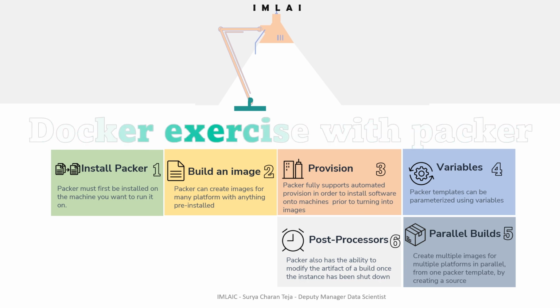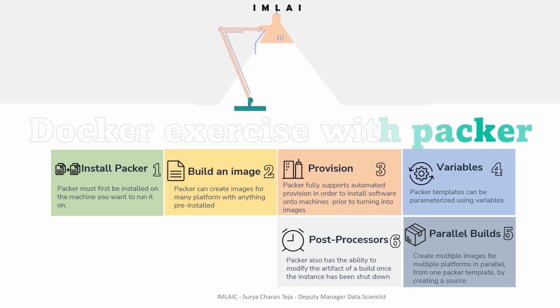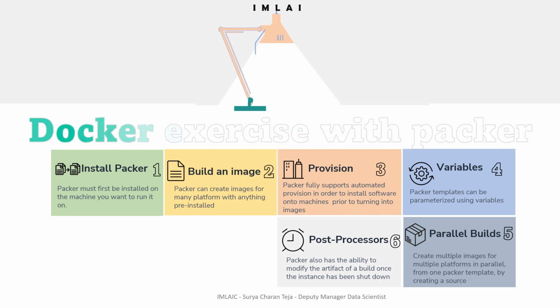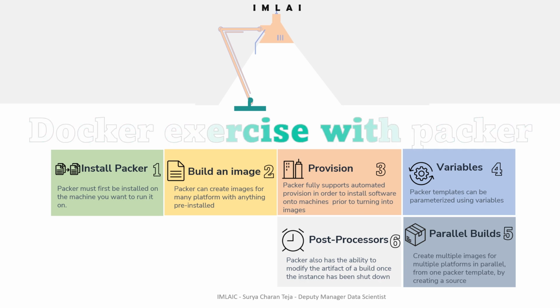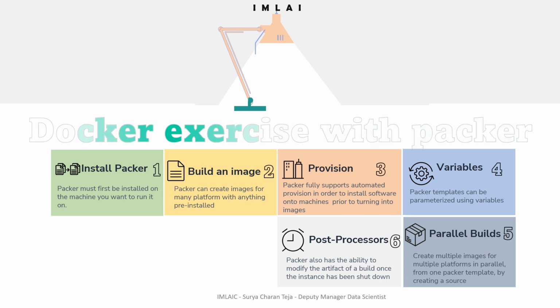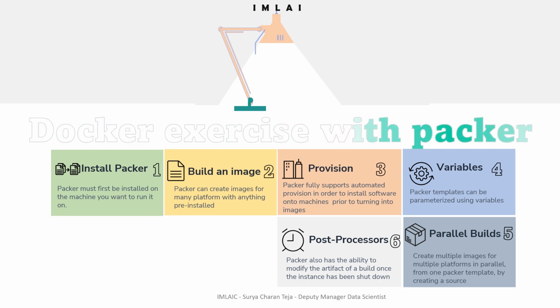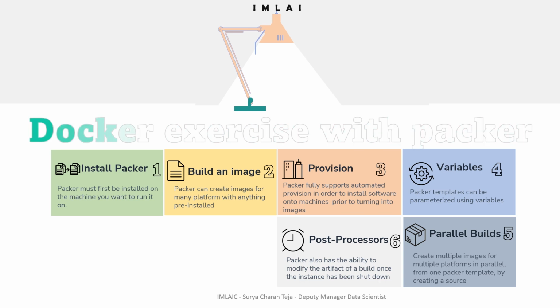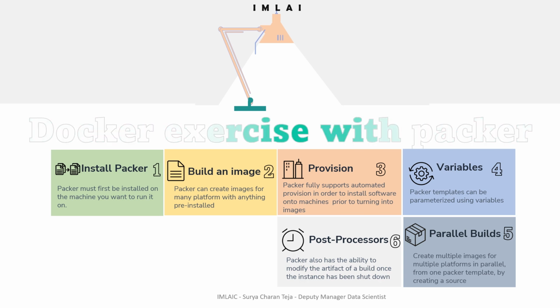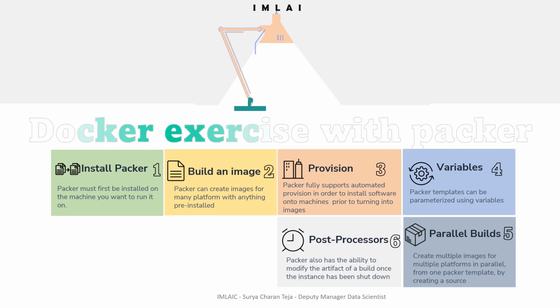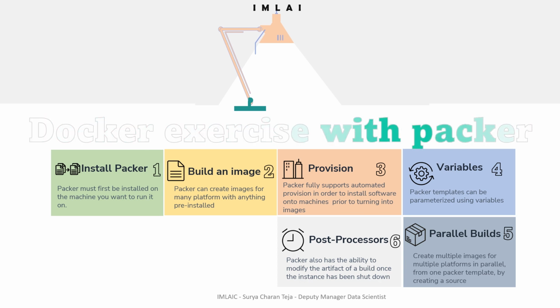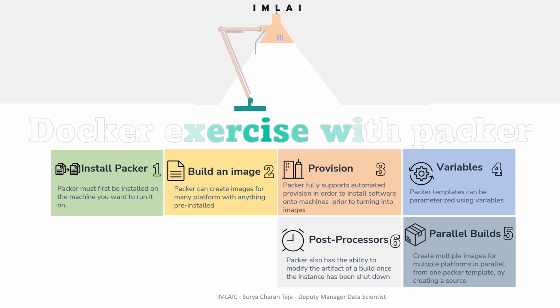The best use case for the parallel build is that Packer can build an Amazon AMI and a VMware virtual machine in parallel, provisioned with the same scripts, resulting in near identical images. The AMI can be used for production, and then the VMware machine can be used for development. It's the best use case.